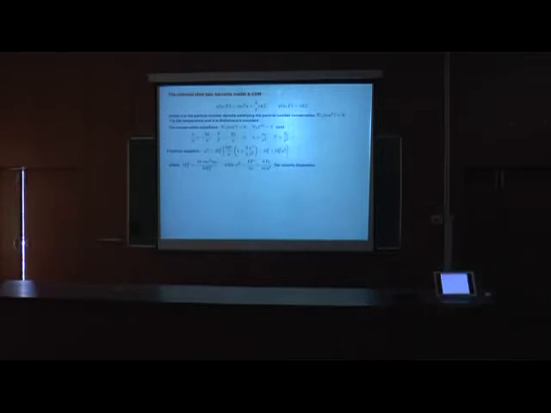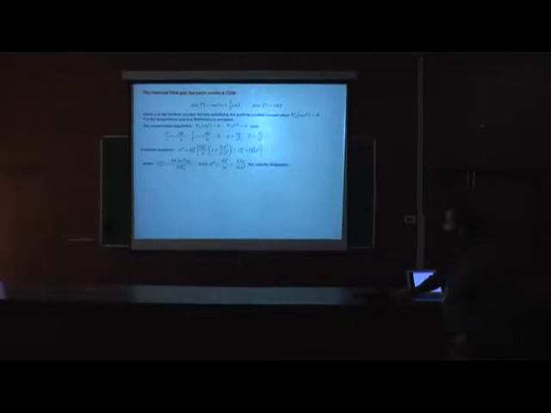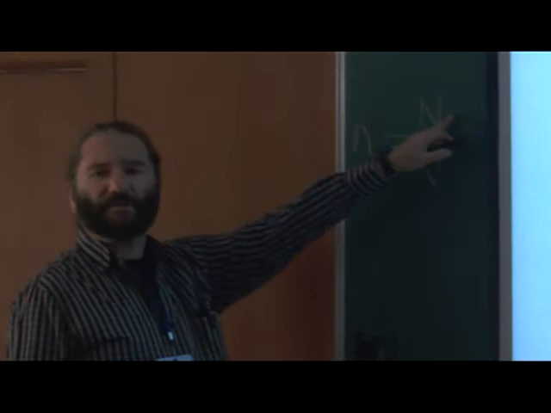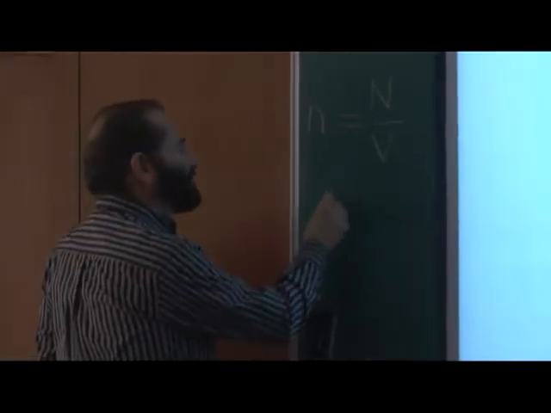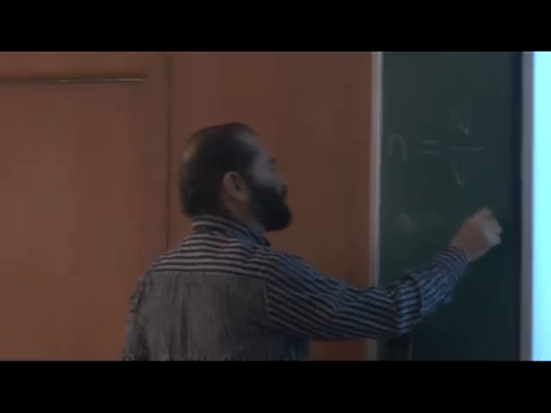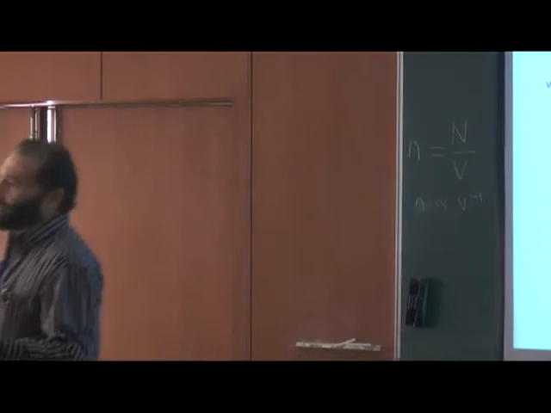Essentially, you can always write n as number of particles divided by volume, right? So if this is conserved, then n will be proportional to a to the minus 3, so that's why it will be inversely proportional to the cube of the scale factor, right?